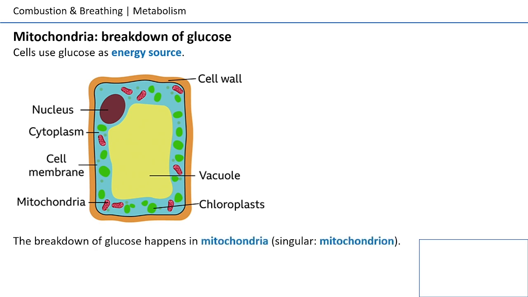So the breaking down of glucose happens in mitochondria. And if you look closely, you see that breaking down glucose is actually the reverse of photosynthesis. Glucose and oxygen are turned into carbon dioxide and water, and the stored energy is released.